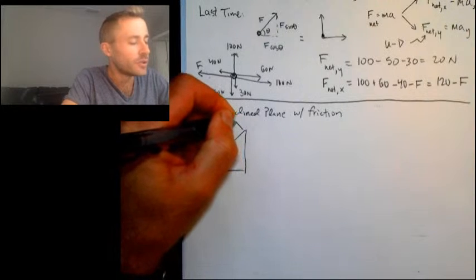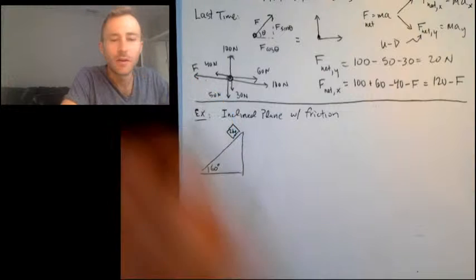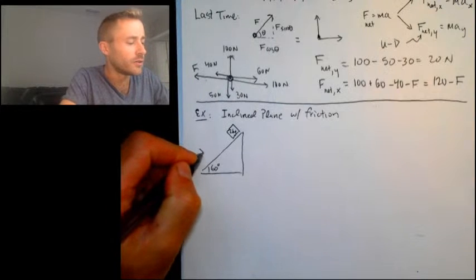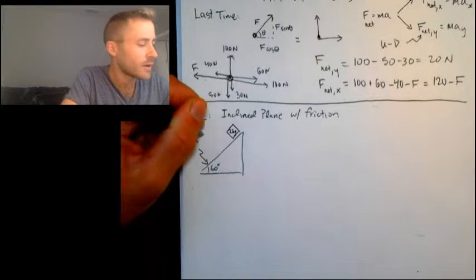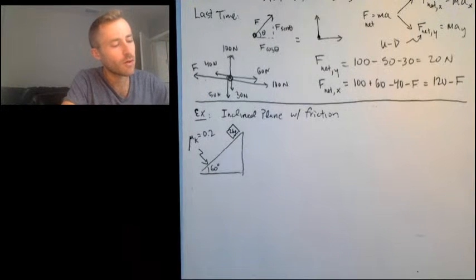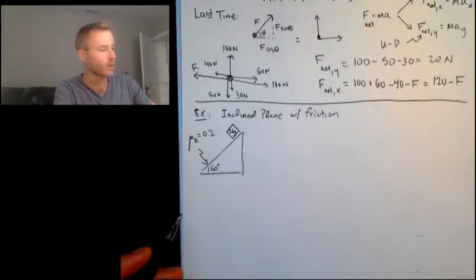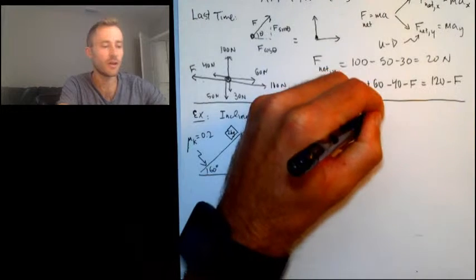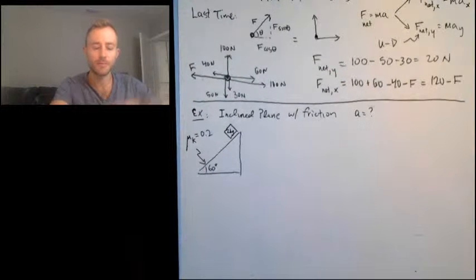There is a 2-kilogram block that is at the top of the incline. There is a coefficient of kinetic friction equal to 0.2. Okay? And so the block is going to slide down the incline. And what we would like to know is what is the acceleration of the block down the incline. Okay?